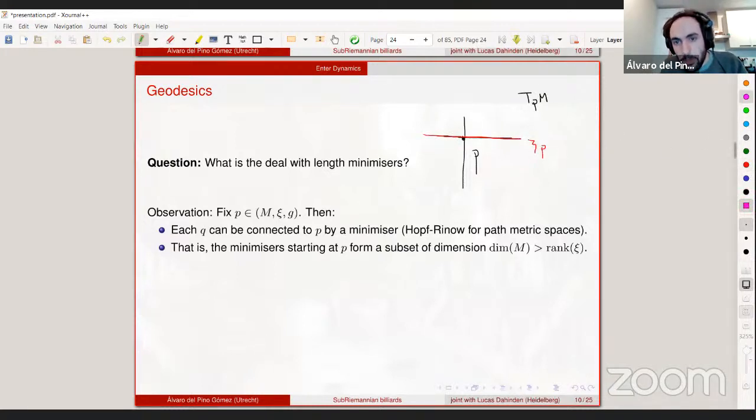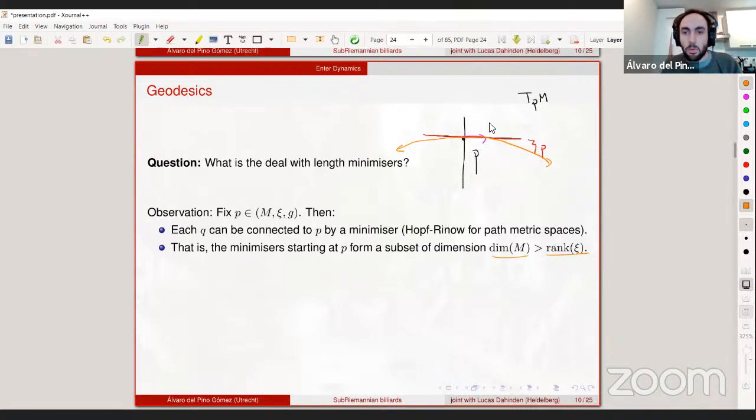And now I fix a vector. Let's say I had a similar picture, in the sense that for every vector in psi, I get a unique geodesic. Then this looks pretty bad, because if I had a single geodesic per direction, then out of the point you would see a spray that looks like psi itself. But psi, by assumption, is smaller than the manifold.